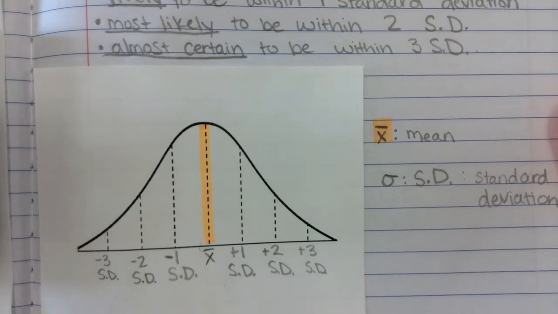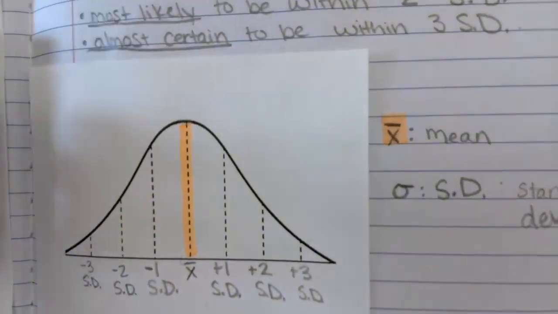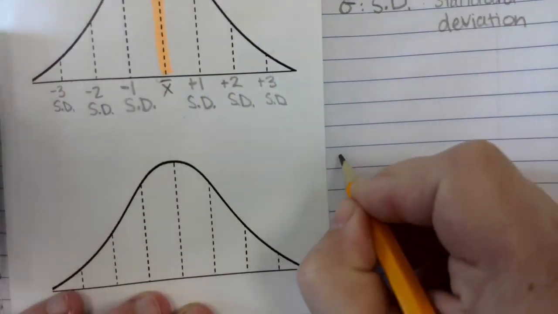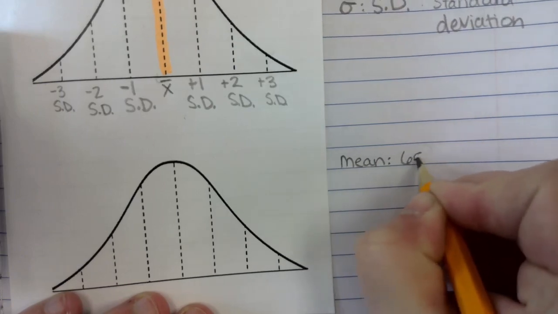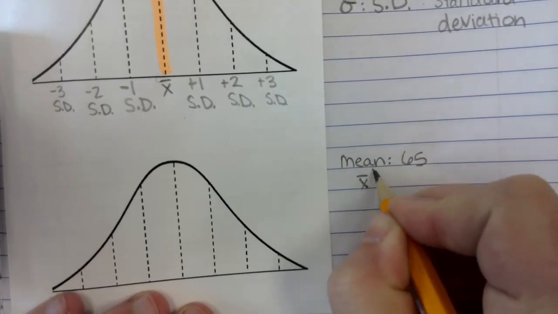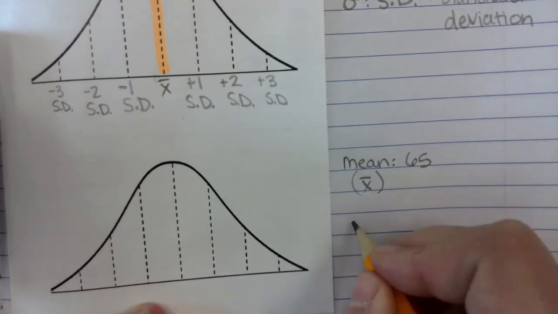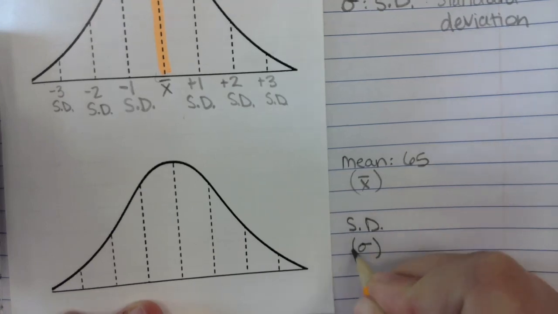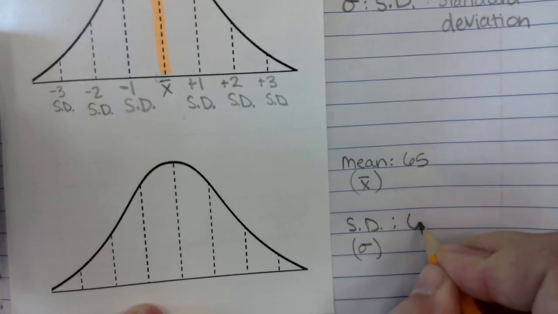All right, so if we take the information that we did earlier in that warm-up, we had a mean of 65, because that was our average for Apollo, right? Okay, so our mean is 65, also known as X bar. Our standard deviation, also known as sigma, is 6.